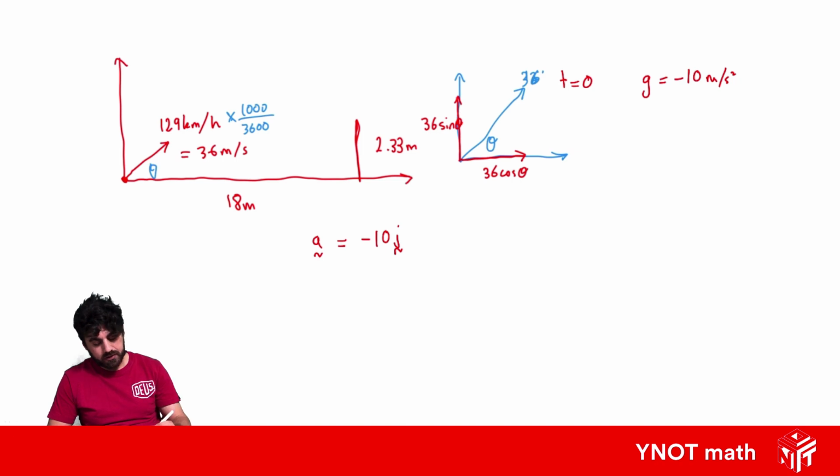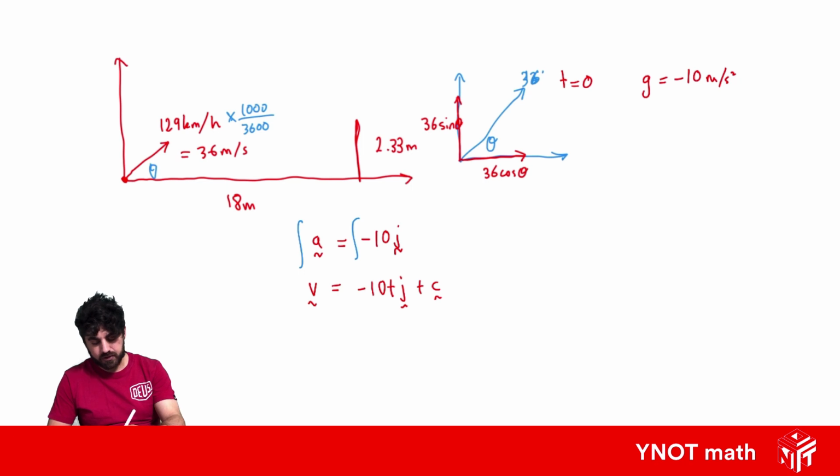From here, we can integrate both sides to get our velocity vector, which is going to be minus 10tj plus a constant. We know the initial velocity, so that's when t equals 0.